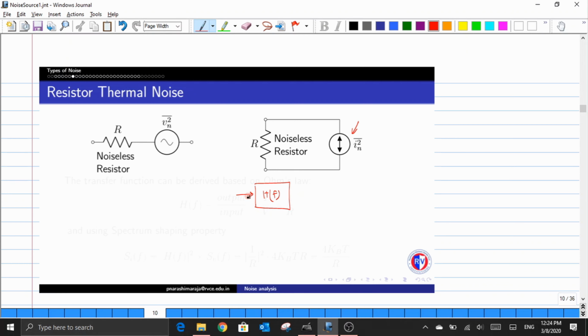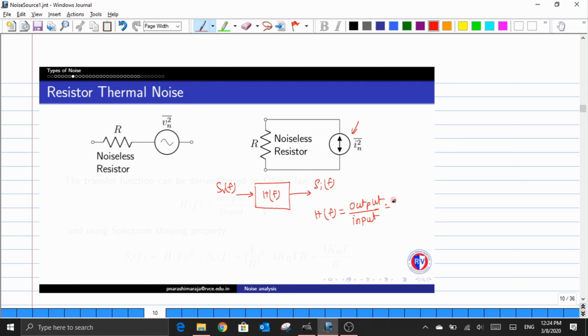So at the input, we know the power spectral density of a voltage noise, which means that I know S_V(f), and what we wanted to know is the power spectral density of the current noise. Now in general, the transfer function H(s) is defined as output term divided by an input term.